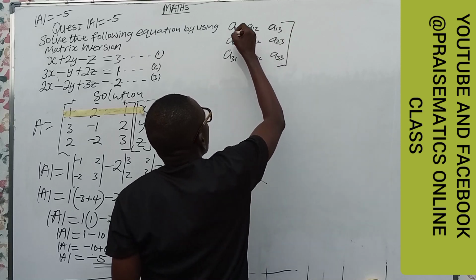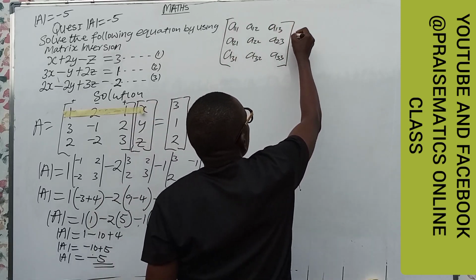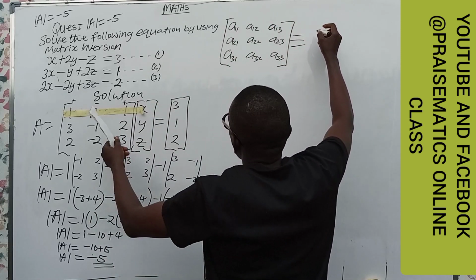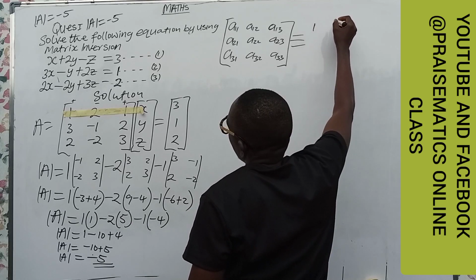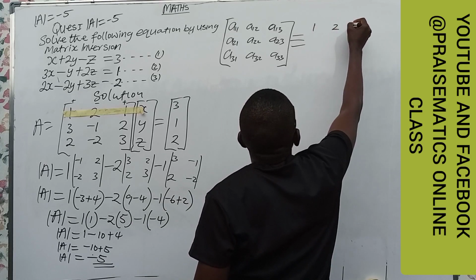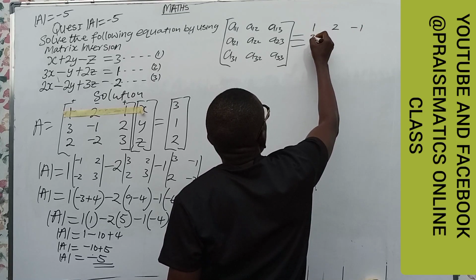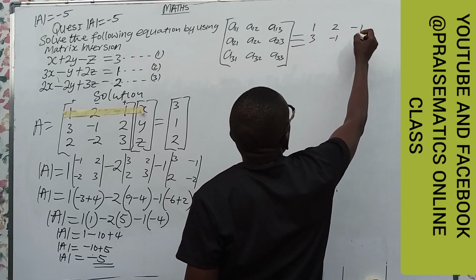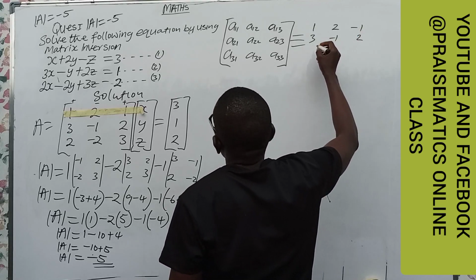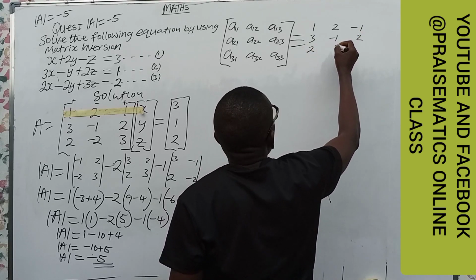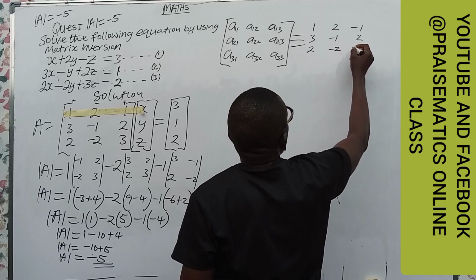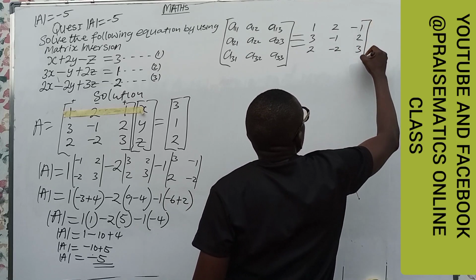So we are going to equate this to the given matrix, which is 1, 2, minus 1; 3, minus 1, 2; 2, minus 2, 3. Close it.